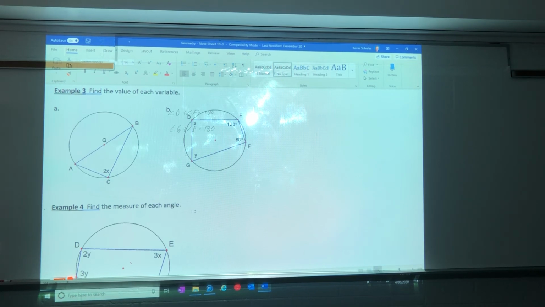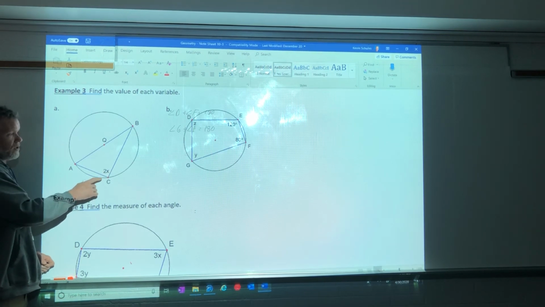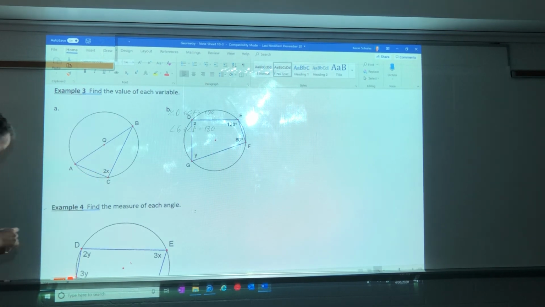When we're talking about an angle here, they want to find the value of each variable. So basically, you just want to find the value of x. And we're given 2x here. This is an inscribed angle. Remember what we said: 2 times your inscribed angle is going to equal your arc.